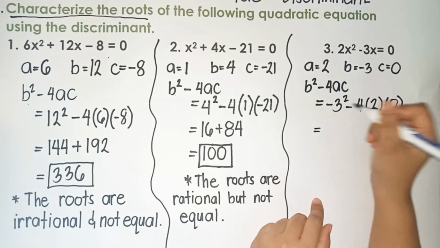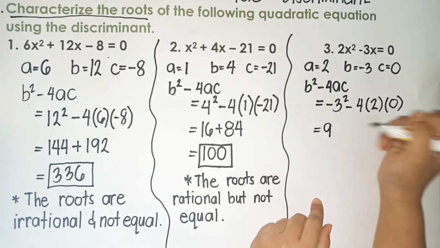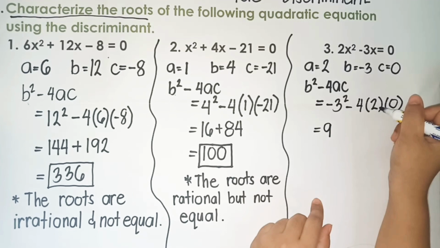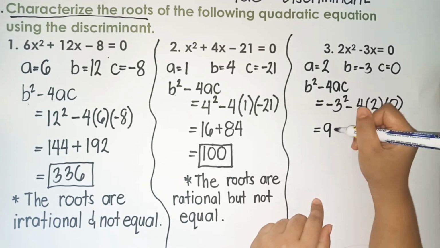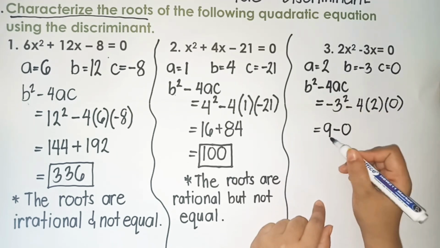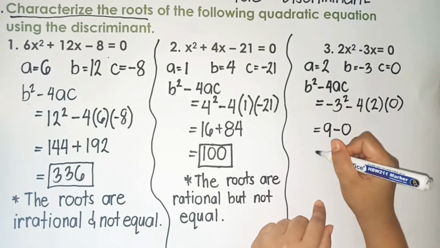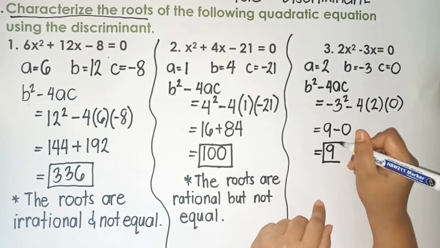Simplify the value. We have negative 3 times negative 3 is positive 9. Negative 4 times 2 is negative 8 times 0 is 0. Positive or negative 0. So 9 minus 0 is equal to 9. Therefore, the value of the discriminant is equal to 9.